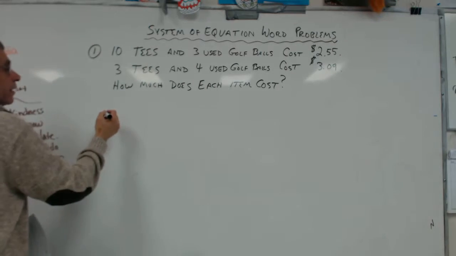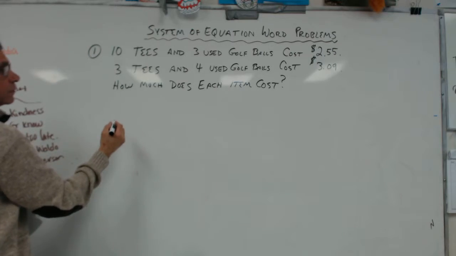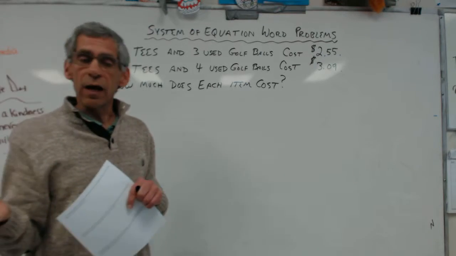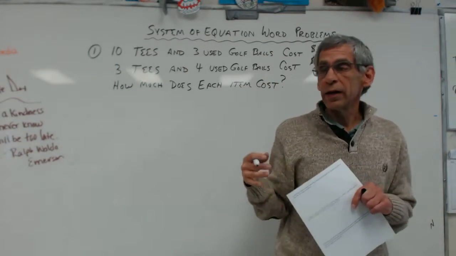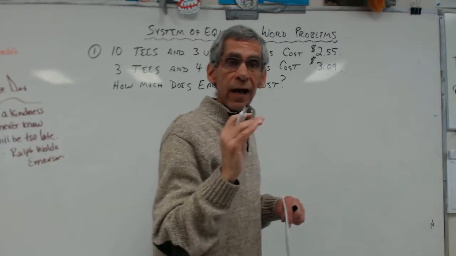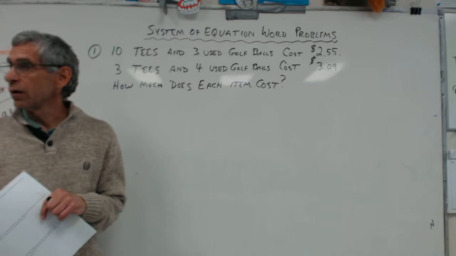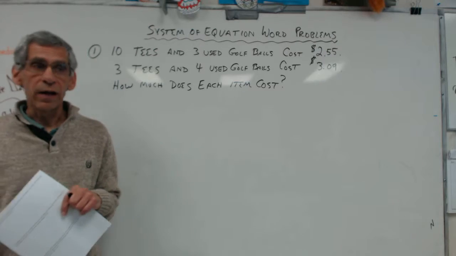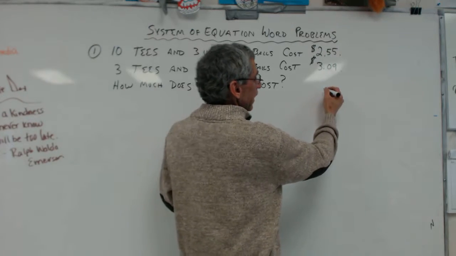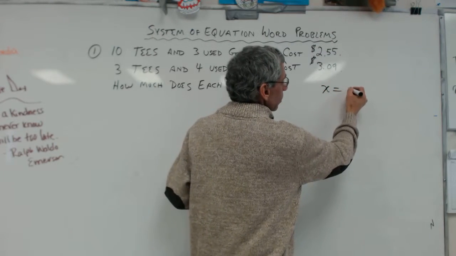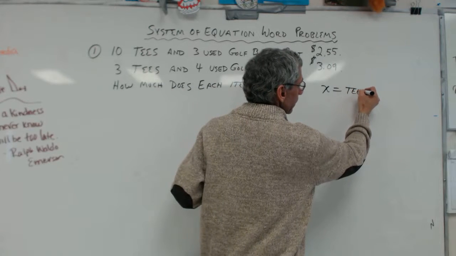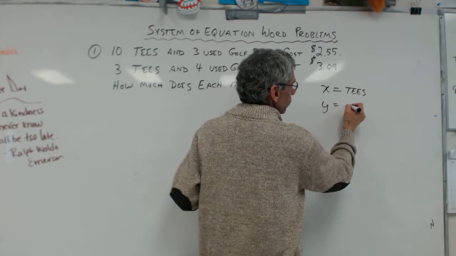Why can't you use X and Y? You can use X and Y, but if you did, you would have to create a legend. You know what a legend is on a map? It's a key. You'd have to say X equals tees and Y equals golf balls.